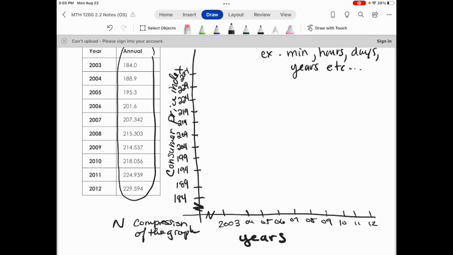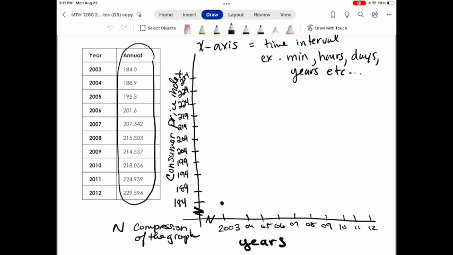So now we just have to graph our dots. At 2003, we have 184, so that's going to be here. At 2004, it's just about 189, so I'm going to come up at 2004 and graph close to 189, and then I'm going to just go through that process of graphing these ordered pairs. Okay, when we go ahead and connect the dots, we get something that looks like this.